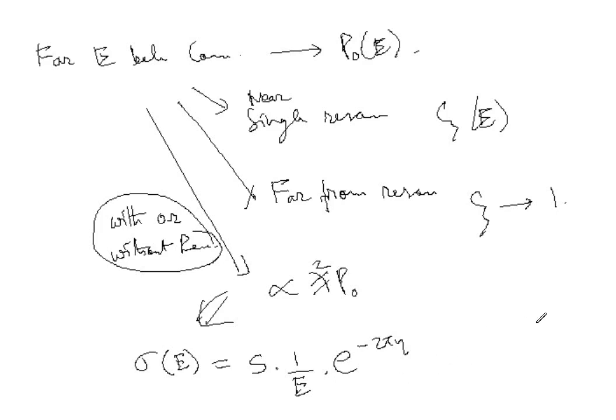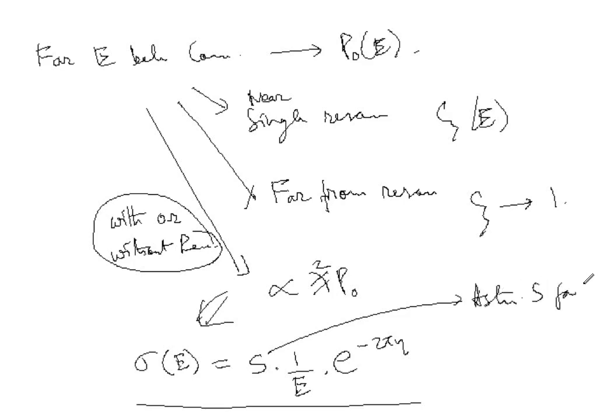Also we can use the Eg term as well, but this is more or less the general form. Note that here all remaining effects are contained within this S term, and this is known as astrophysical S factor. So basically this factor contains all intrinsic nuclear properties of the reaction under consideration, and it can be calculated.